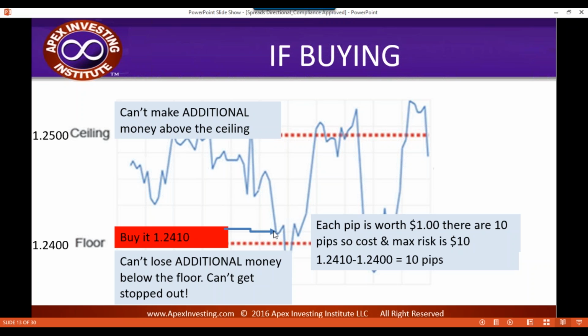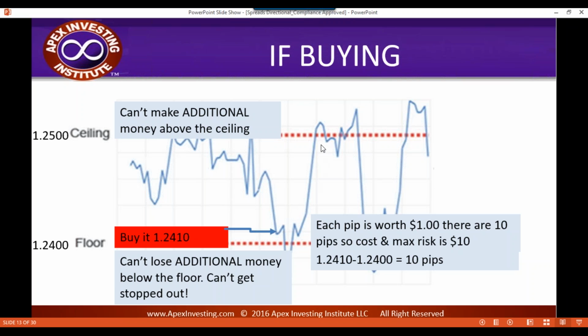Does that make sense? So this particular spread right here is a 100 pip spread, right? From 2,400 to 2,500. All I have to put up out of my account is my maximum risk. So let's say, for example, that I bought in right here at 24.50, expecting the market to go up.